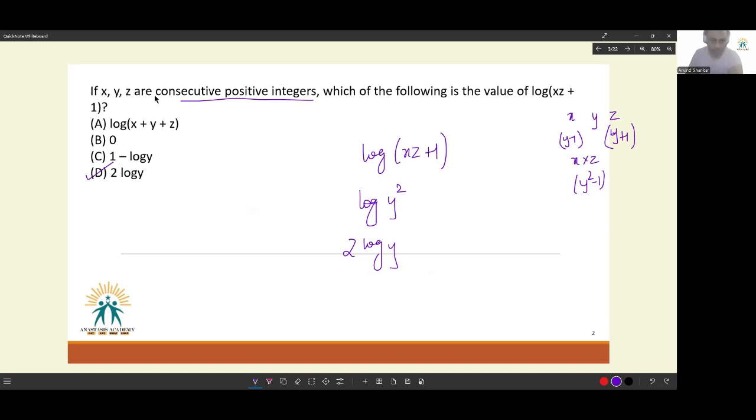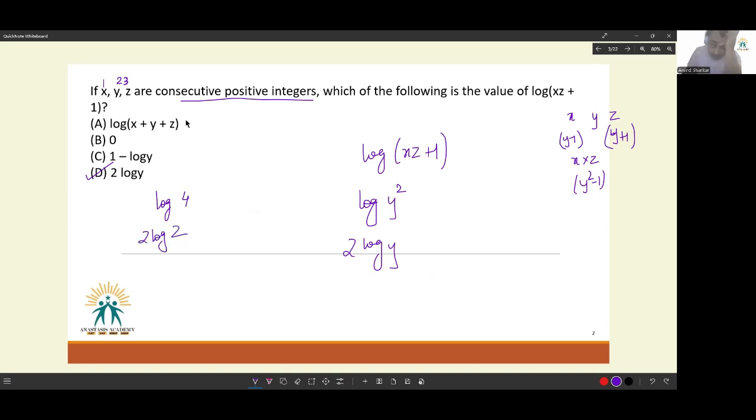The other way of doing it is, why even bother with doing all this? Let us take three simple consecutive numbers. So we'll have log xz plus 1 as log 4, which we know to be 2 log 2.